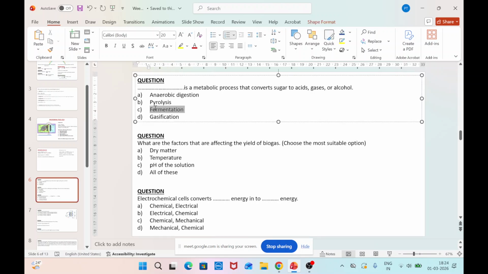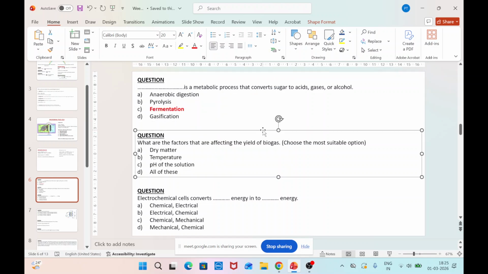So the correct answer is fermentation. Fermentation is a metabolic process that converts sugars to acids, gases, or alcohol. Any ambiguity related to the answer for the first question?